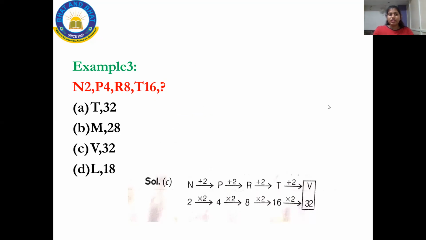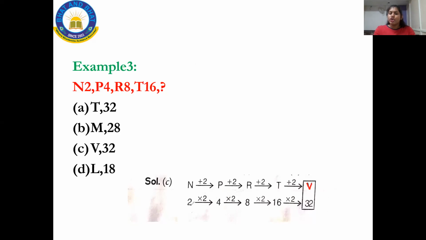First take down only the alphabets: N, P, R, T. N plus 2, we get P. If I add 2 to P, I get R. R plus 2, I get T. So what is the logic? I have to add 2. So T plus 2, U, V. So the alphabet I got is V.